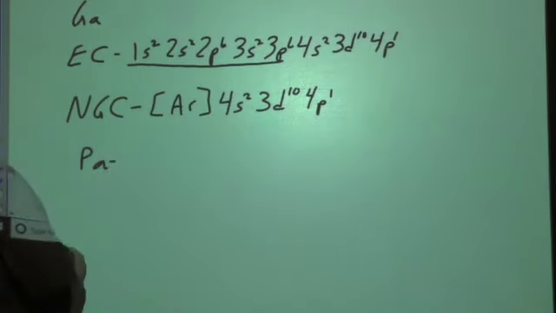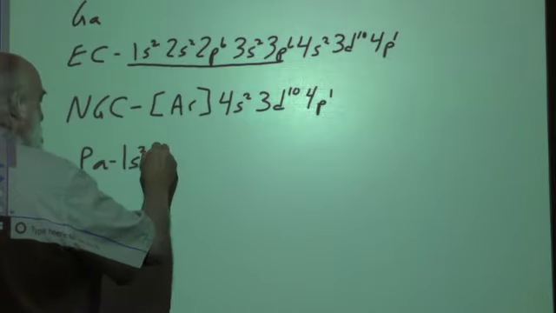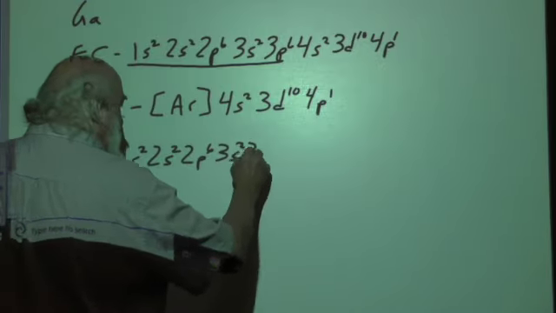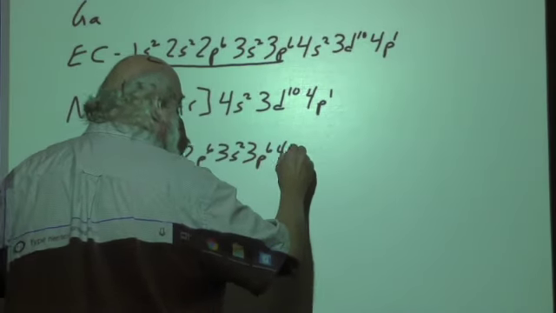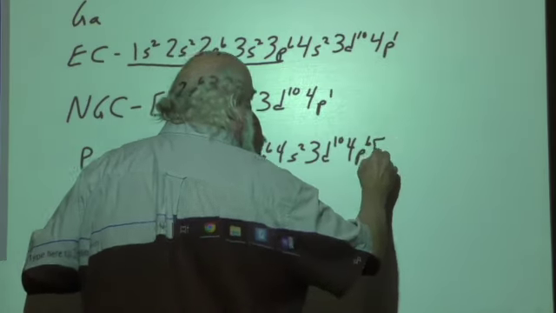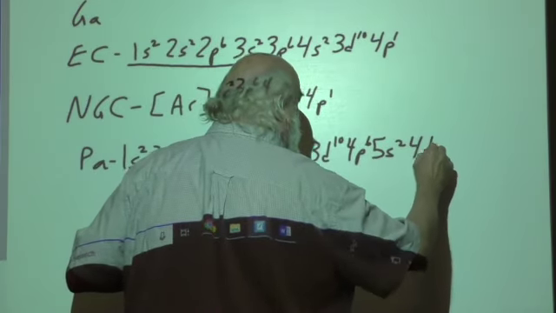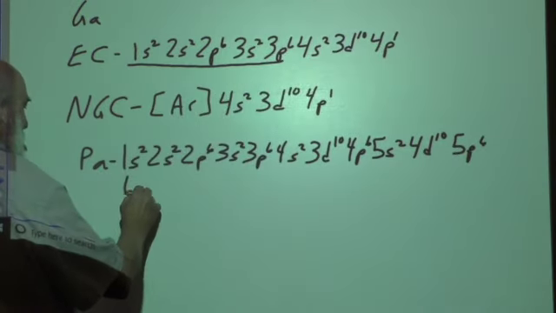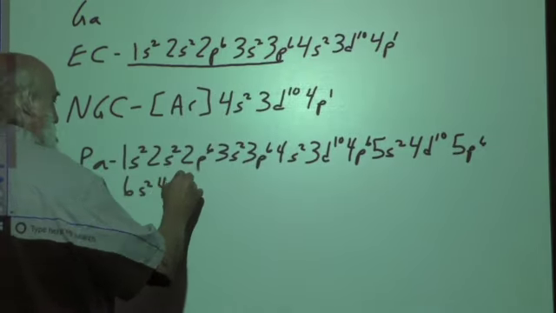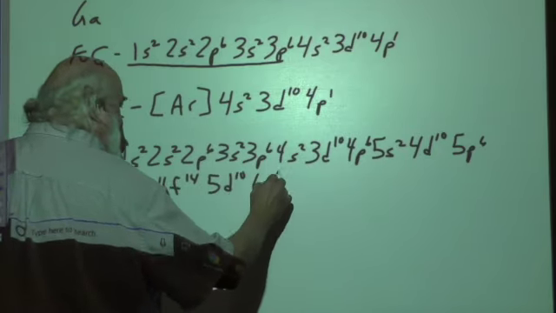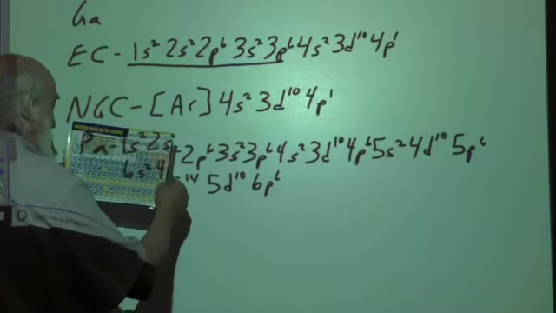So I'm going to write this out real quick: 1s2, 2s2, 2p6, 3s2, 3p6, 4s2, 3d10, 4p6, 5s2, 4d10, 5p6, 6s2, 4f14, 5d10, 6p6. And that takes us up to radon.